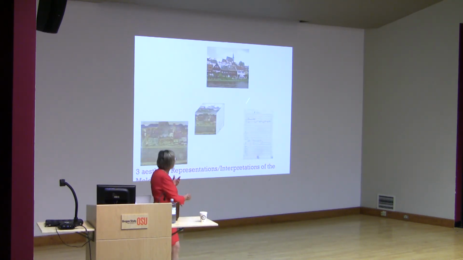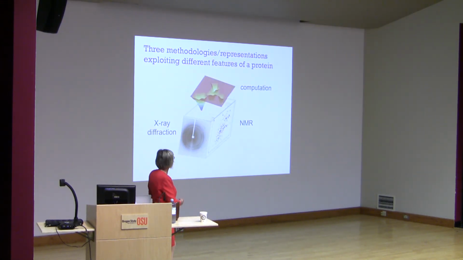And it's really back to the original picture. We can look at a photograph, we can look at a painting or the score, and they all reflect this little village at the Moldau. But they're very, very different in their views of the same subject, and in the same way we look at things with different views, whether it's computation, crystallography, or NMR.